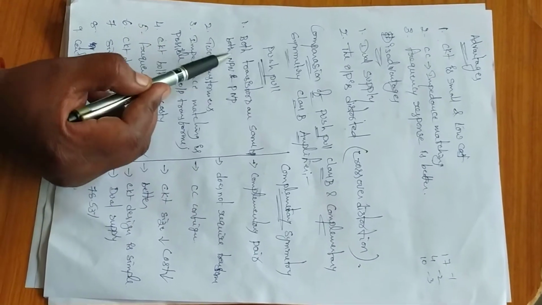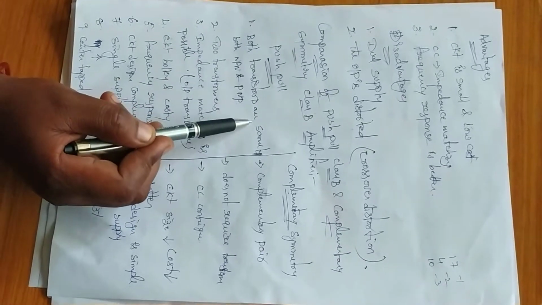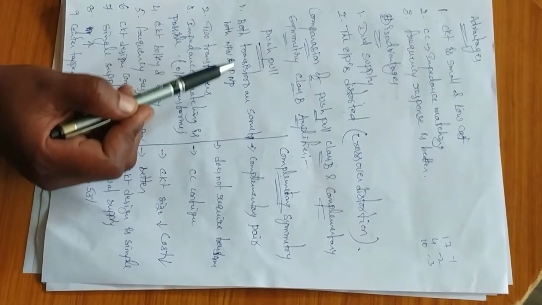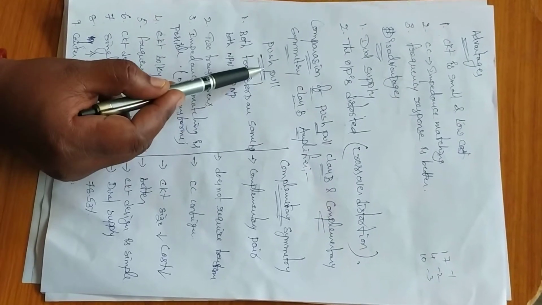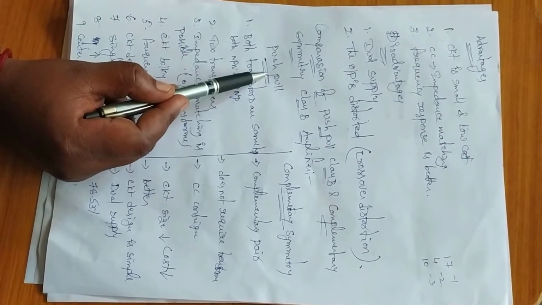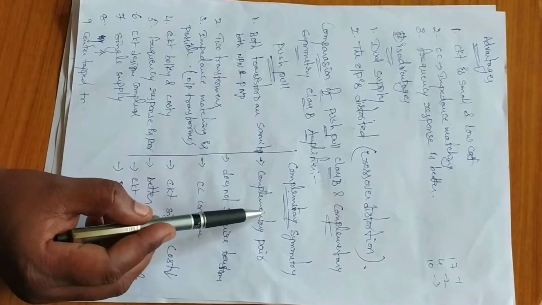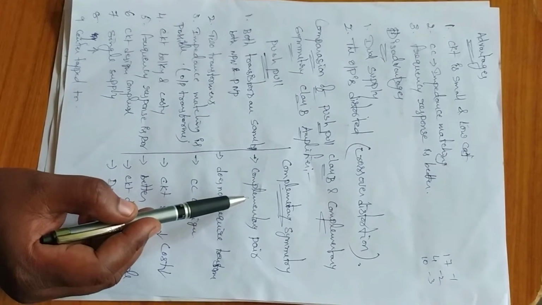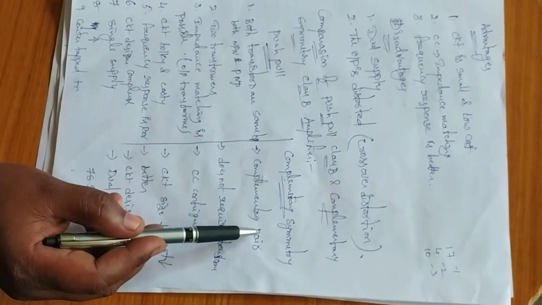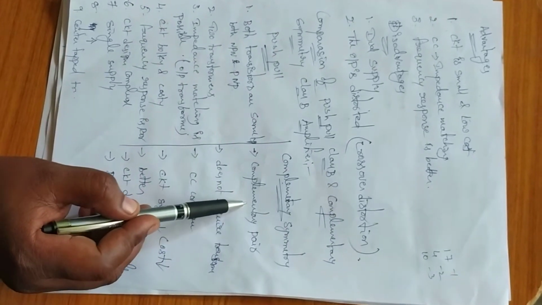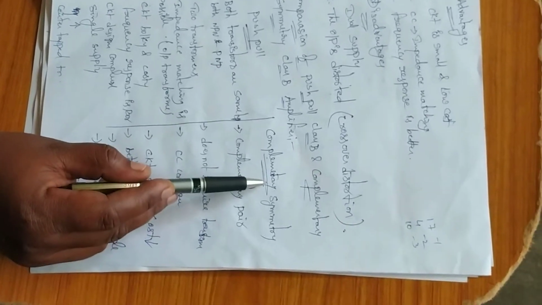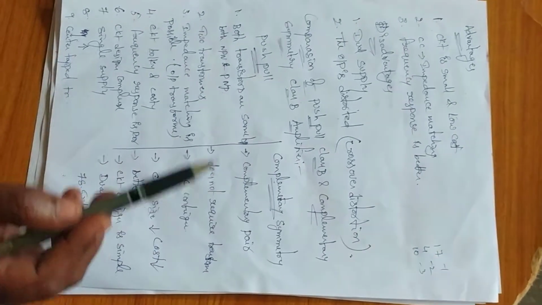In push-pull both transistors are the same type, that is either NPN or PNP transistors are used for push-pull circuit construction. In case of complementary symmetry amplifier, we are using different transistors, that is one NPN transistor and one PNP transistor are used to construct the complementary symmetry amplifier.